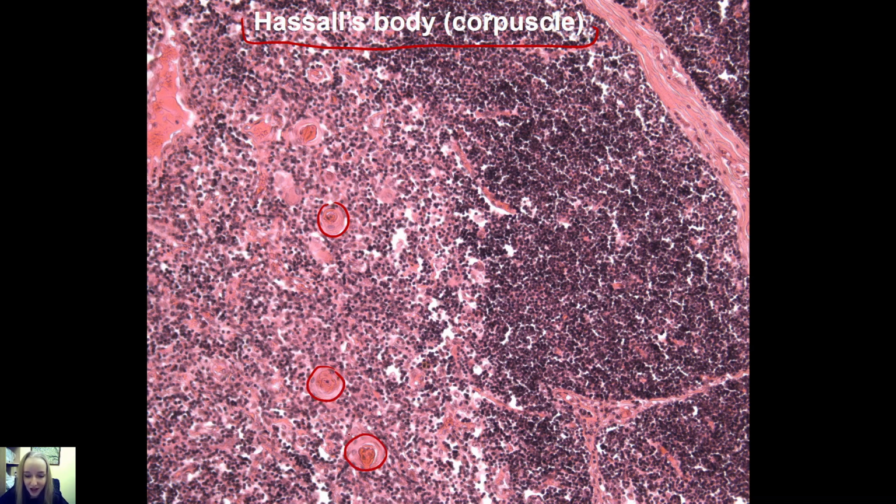Because I told you that this reticular epithelium undergoes keratinization, and reticular epithelial cells will die in some time, because the thymus is involuting, so reticular epithelial cells start to die. They connect to each other and form these Hassall bodies over here. And they are more eosinophilic. You can see the eosinophilia. It's because of the keratinization that is going on inside.